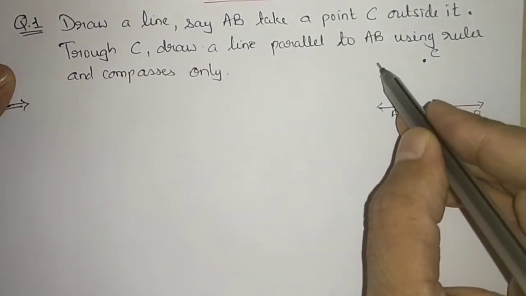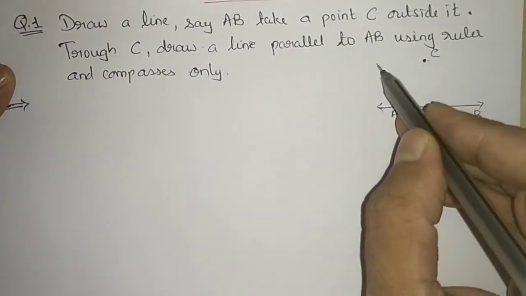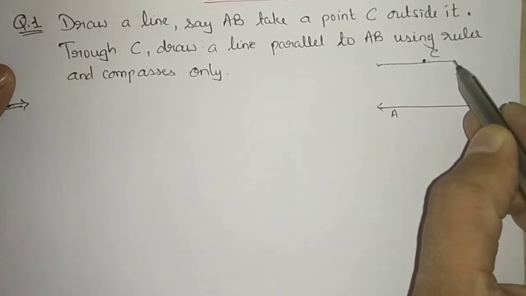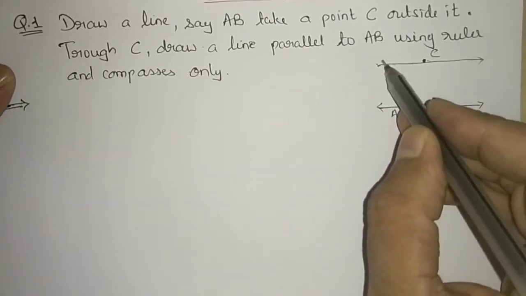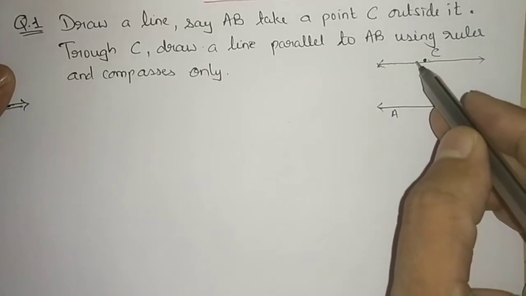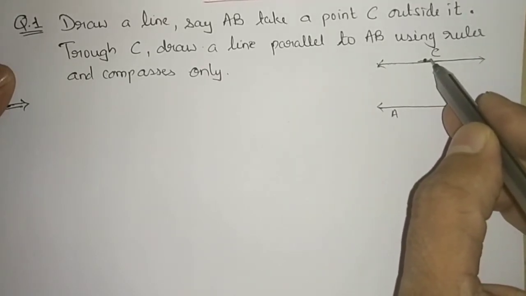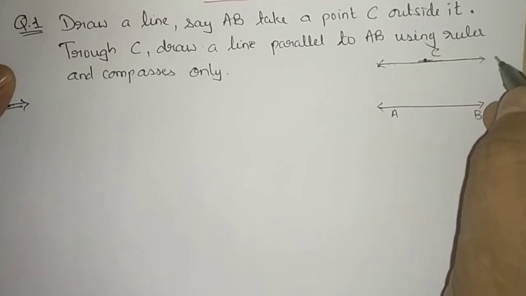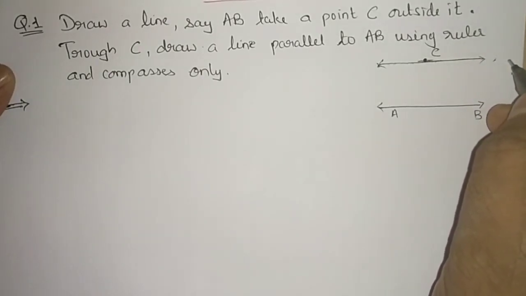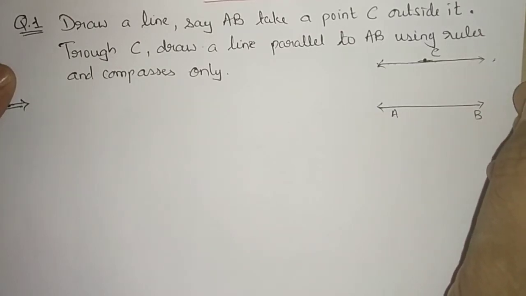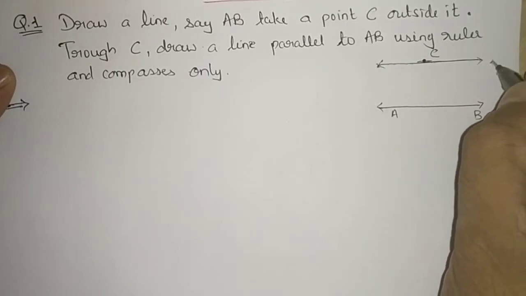Now through C, that is, it must be passing through point C. We have to draw a line which is parallel to AB, but it must pass through that point C only. And for doing so, we have to draw it with compass only. Hope you are understanding. Let me name this line as L.